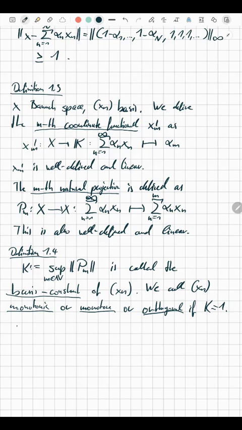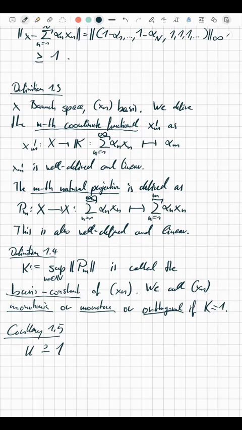And indeed, we get as a corollary from the definition that k is always greater or equal to 1. And you can check that yourself. It is not hard to show.